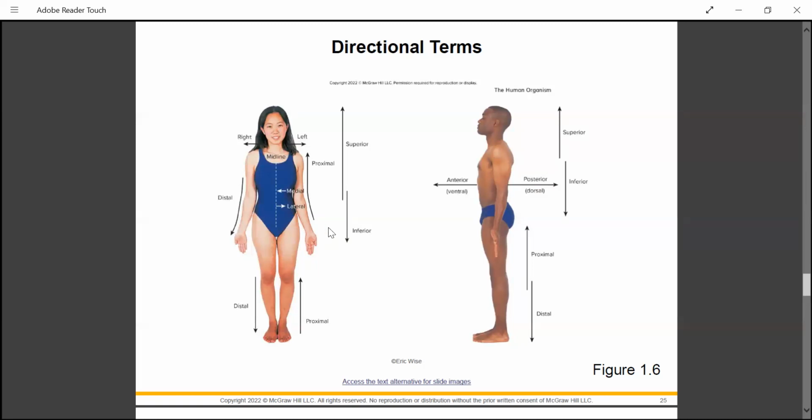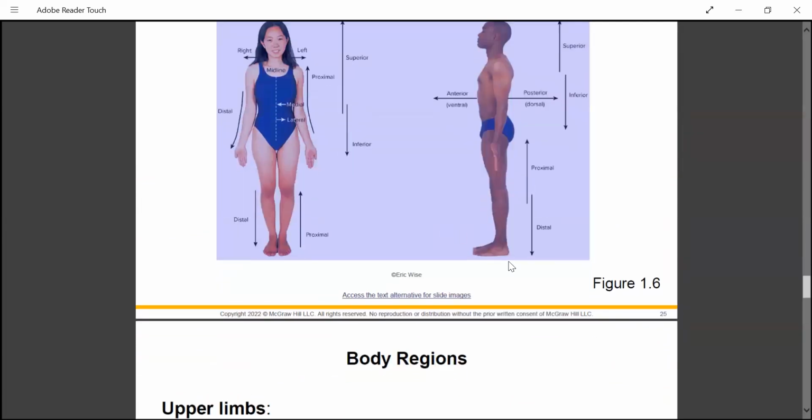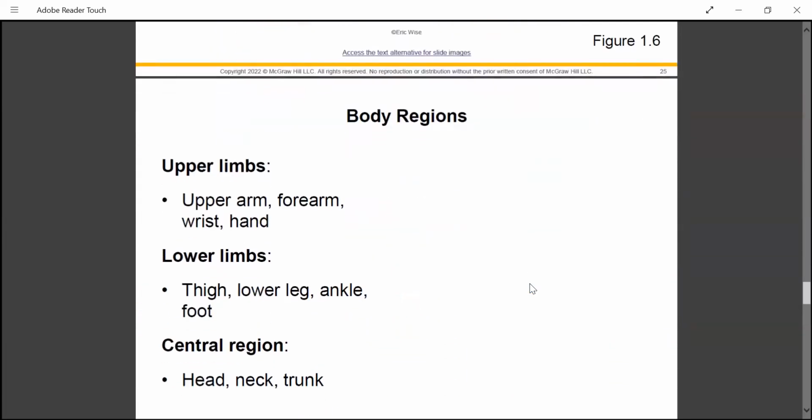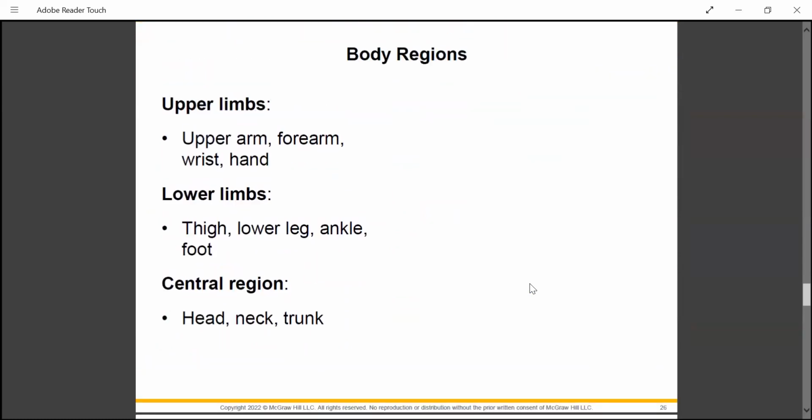And then in terms of superficial and deep, the skin is superficial to the heart, or the heart is deep to the skin. So remember, those are comparison terms. You should have two regions being compared.